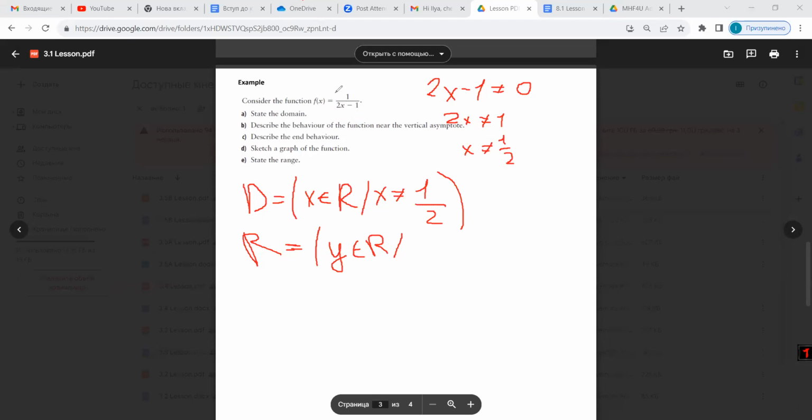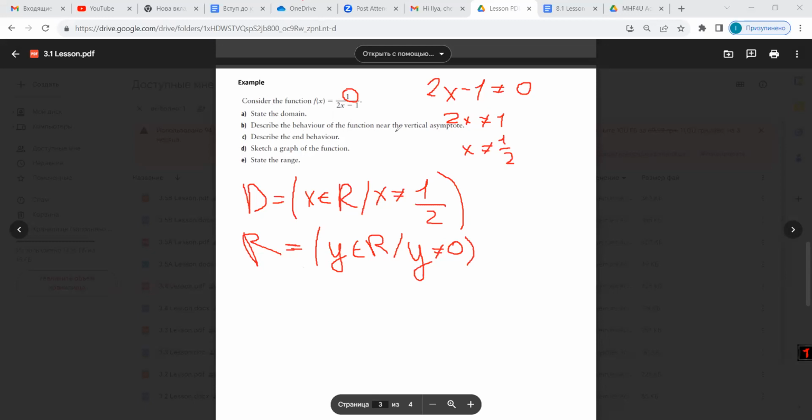Positive infinity, an incredibly small positive number. So our horizontal asymptote, when basically the numerator never equals 0, so y does not equal 0 is our horizontal asymptote. This is about the domain and range.